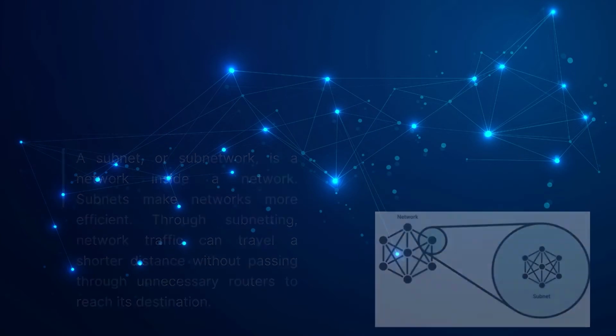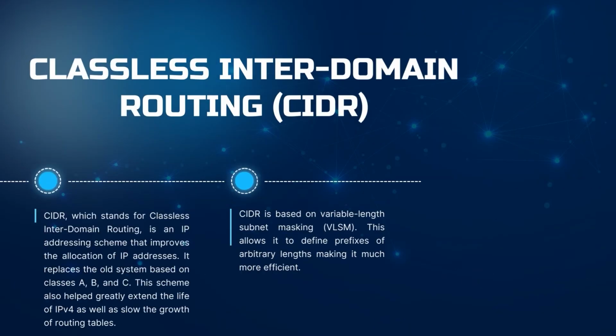Classless inter-domain routing, however, is a means to effectively divide IP addresses by eliminating the number of counterproductive IP addresses. CIDR is based on variable length subnet masking or VLSM.